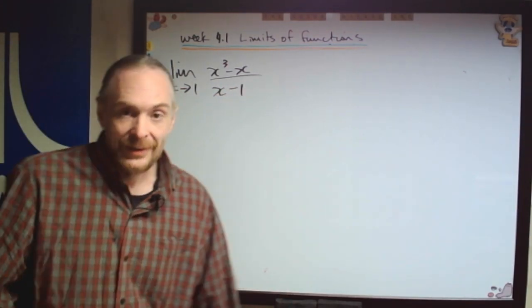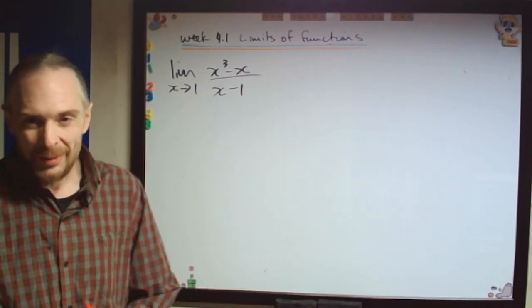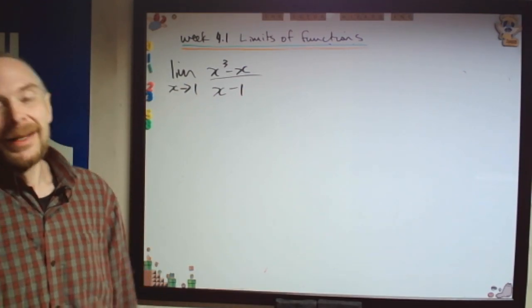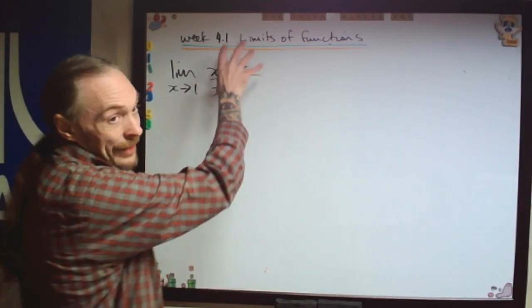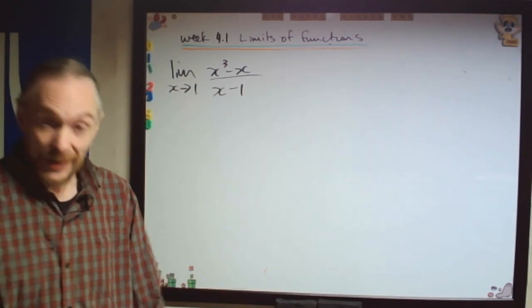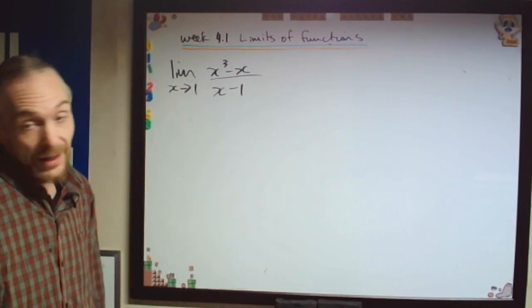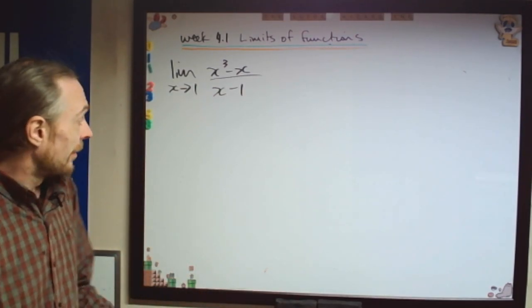I'll make it fairly easy at first. We're going to have to do a little bit of factoring and be clever, but they can hide a whole bunch of clever algebra in there, and that's why you're supposed to be good at factoring and doing clever algebra, because we have to do it in the limits now.